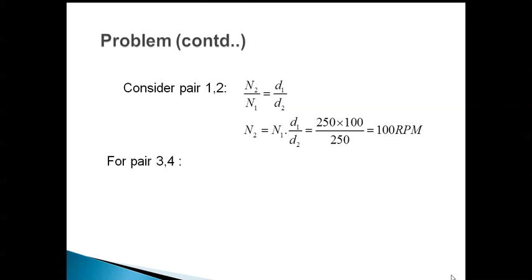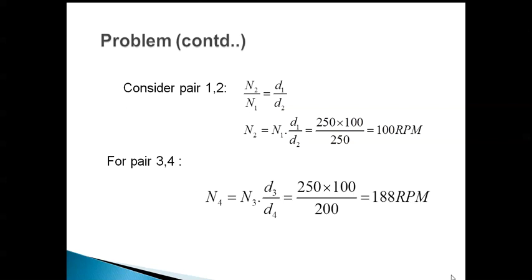So next one is the second pair, that is pair 3 and 4. Considering pair 3 and 4, N4 equals N3 into D3 by D4.